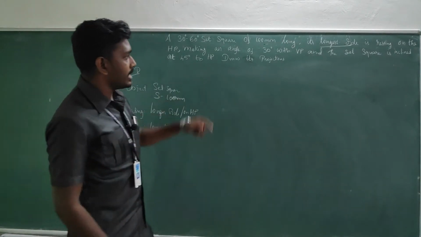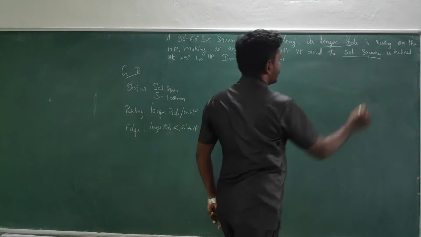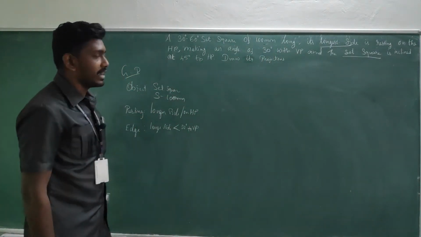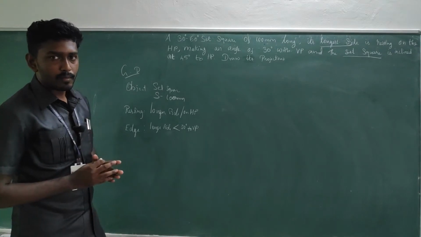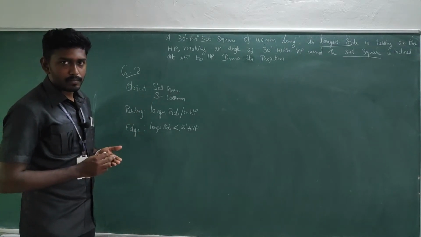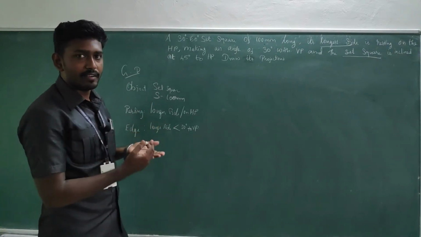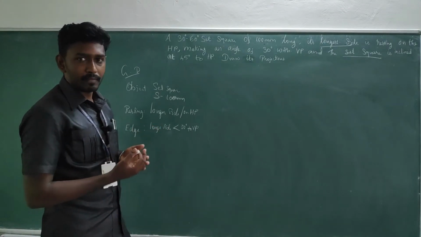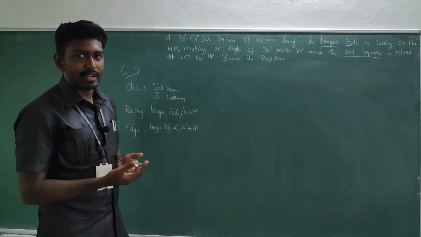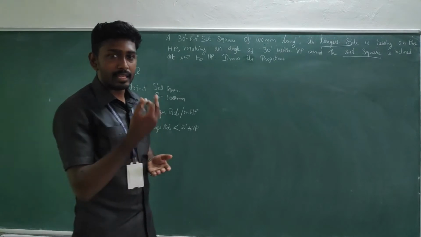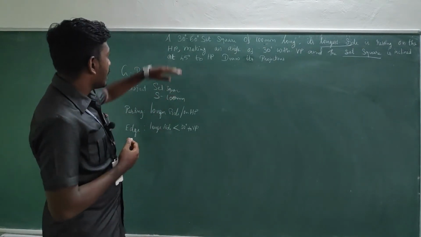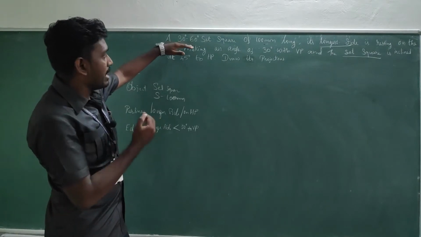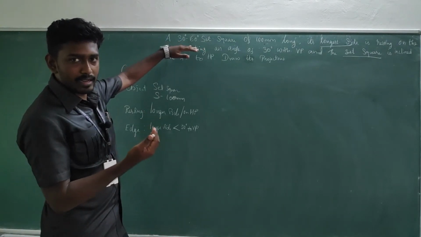And the set square is inclined. Set square is inclined 45 degree to HP. We know the surface inclination, the surface will be coming in different manner. Sometimes it may be a lamina, sometimes it may be a plane, then a plate, something like that. And moreover, even with the name, it may arise.